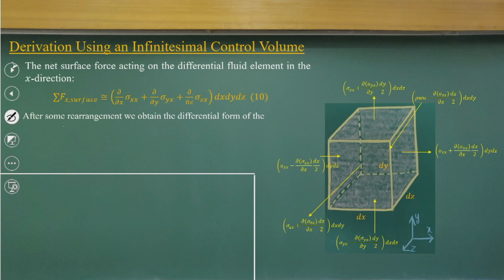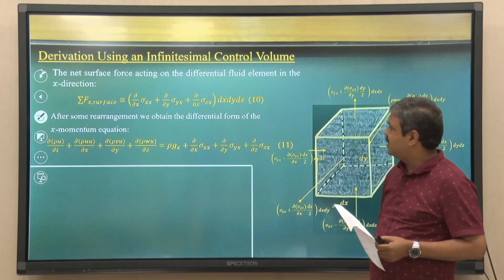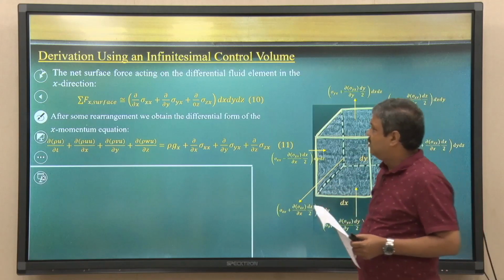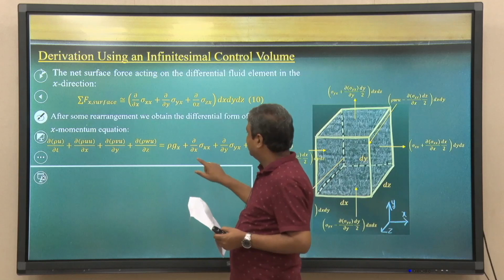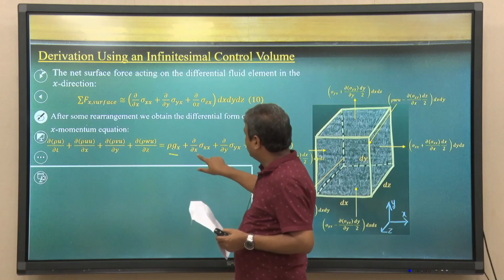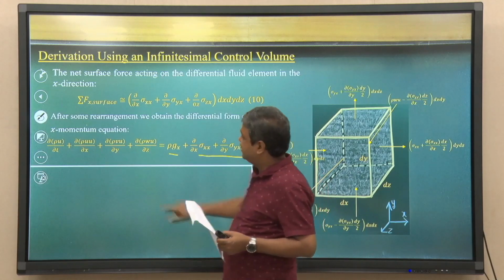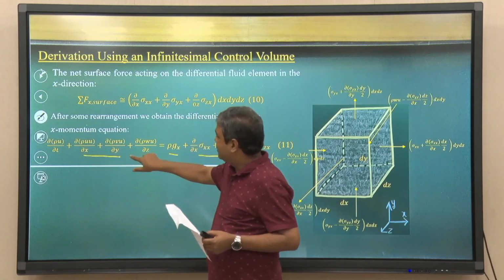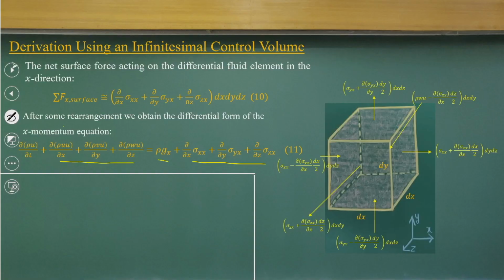It comes like this in the x momentum direction. The equation comes like this. If I equate the components, I am getting for this the body force and the surface force components. This is the net outflux of the momentum flux in the x direction per unit volume.